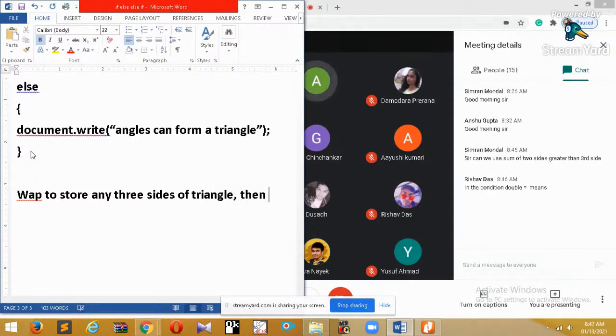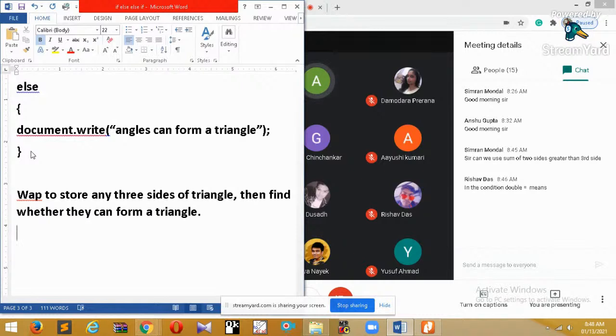Then find or check whether they can form a triangle or not. In the last question, it was asked based on angles, but here the question is based on sides. Obviously we all know the logic.